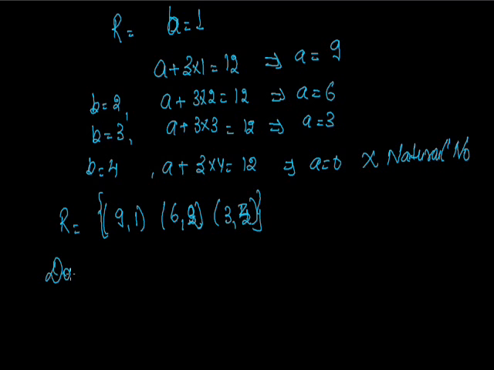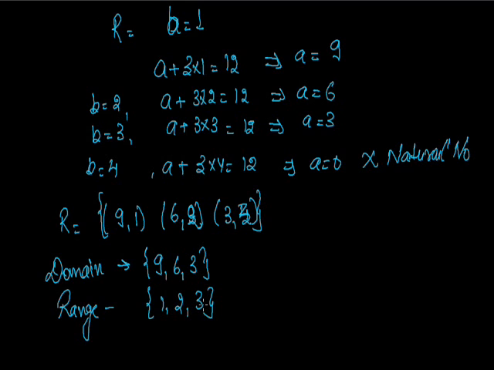So domain will be equal to the first elements, that is 9, 6, 3, and range will be equal to 1, 2 and 3. This is the domain and the range of the relation.